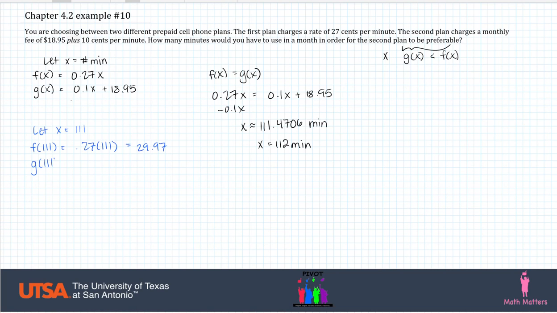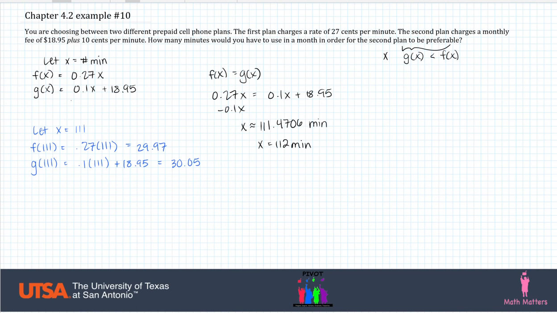If we plug in 111 for the second plan, then we get 0.1 times 111 plus 18.95, and that gives us 30.05. So at 111 minutes, your second plan is still more expensive than the first one. And anything below 111 means that the first plan, f of x, is still going to be cheaper than g of x.